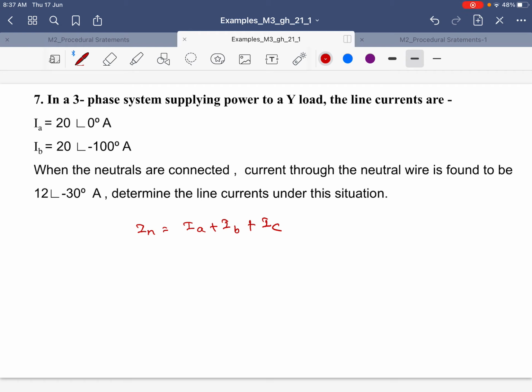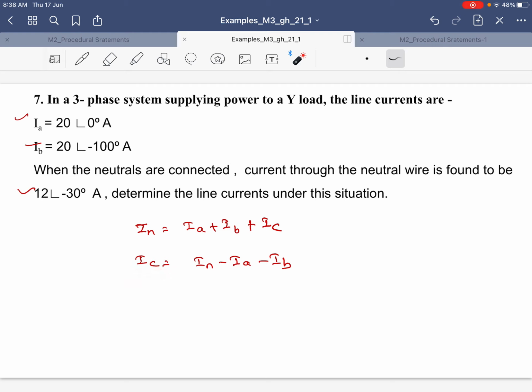You just have to make use of the given quantities. IN is given here, IA and IB are given. Find out first IC. IC is equal to IN minus IA minus IB. We know the value of IA, we know the value of IB, and we are calculating the value of IC.